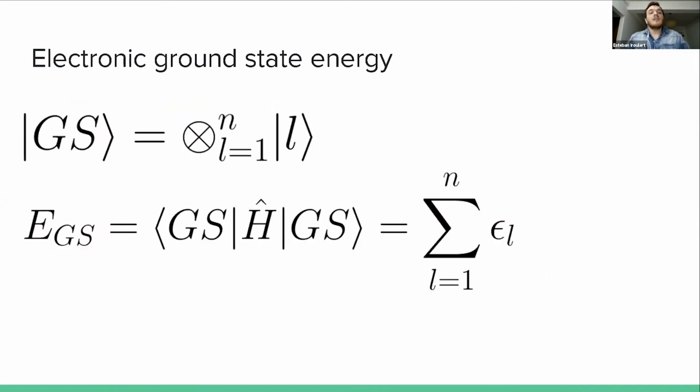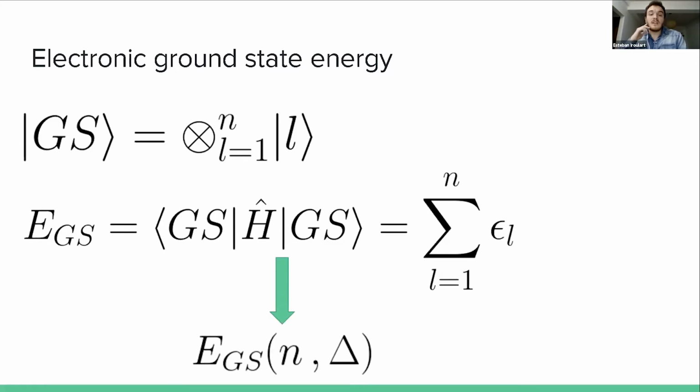We calculated the electronic ground state energy by diagonalizing our Hamiltonian through a unitary transformation. Since the electronic ground state can be written as a product of individual electronic states, we simply take the expectation value of the Hamiltonian in this state and have a sum of electronic energies from 1 up to n, where n is the electronic filling that's determined by the Fermi energy of the problem.